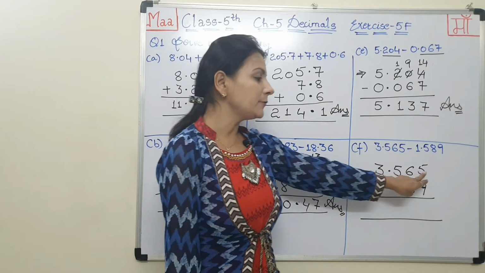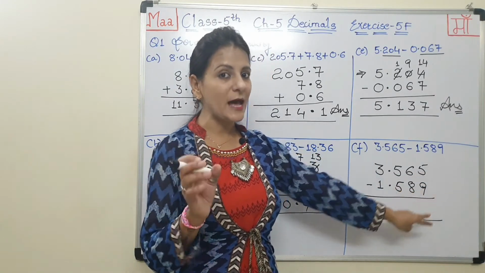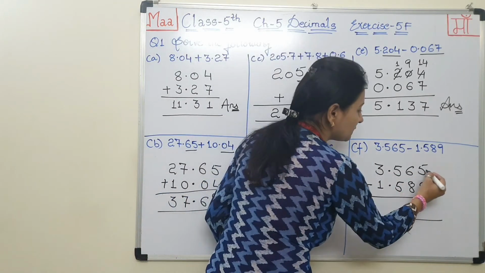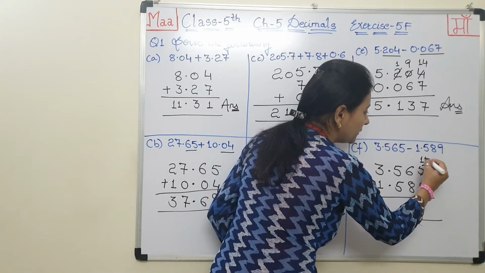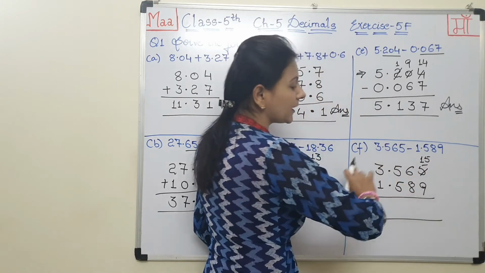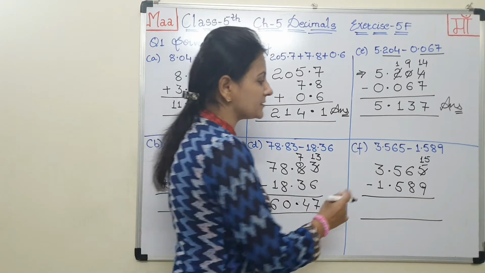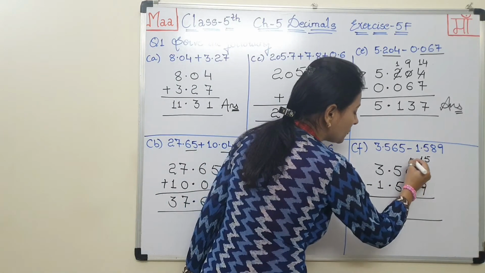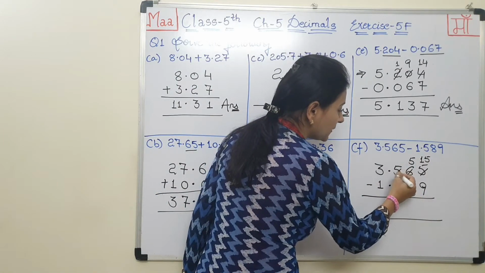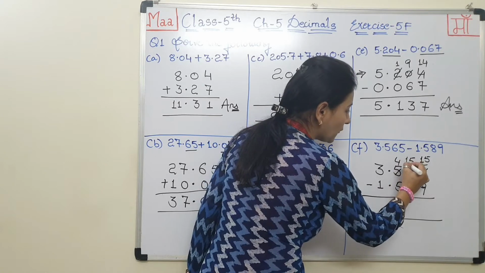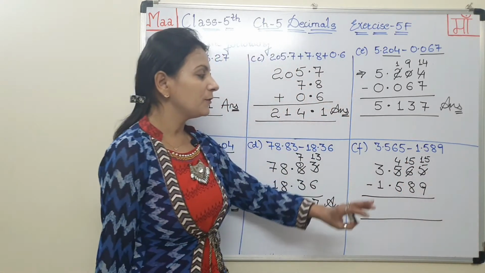So again we will start from the 1000th place. The last place we will start and it is 5. So we will cancel it and put 15 because this 5 will take a borrow from the 100th place. And this 6 will become 5 and this 5 will become 4 and this 5 on the 100th place will become 15.